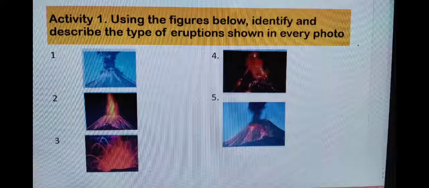Okay, class, for your activity 1, using the figures below, identify and describe the type of eruption shown in every picture. Determine if it is Plinian, phreatomagmatic, volcanian, strombolian, or phreatic or hydrothermal.